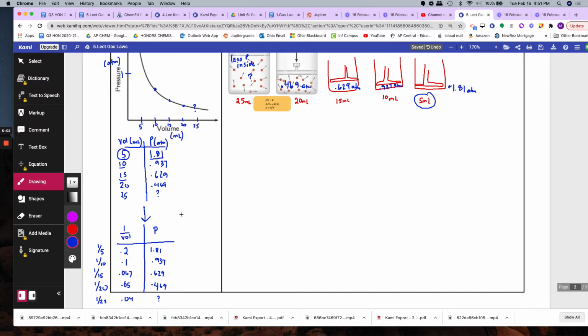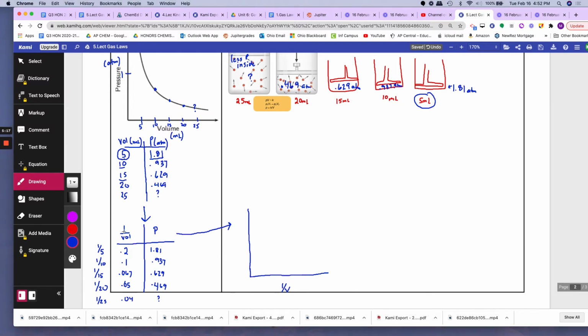Next thing we're going to do is plot this and hopefully it'll be a straight line, and it will be. I'm going to plot 1 over volume on the x-axis and pressure on the y-axis. The pressure ranges from 0 to about 2, so I'm going to do 1, 2.